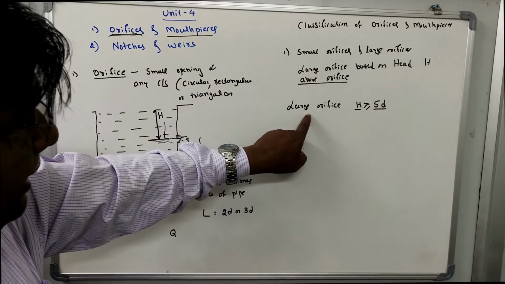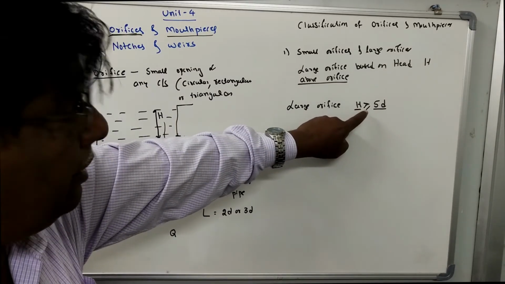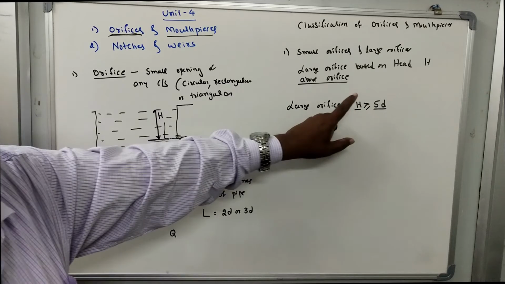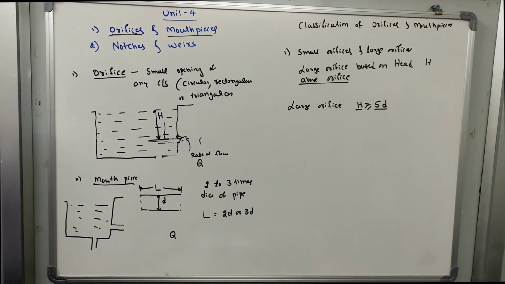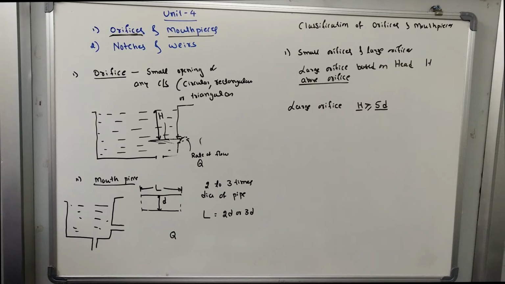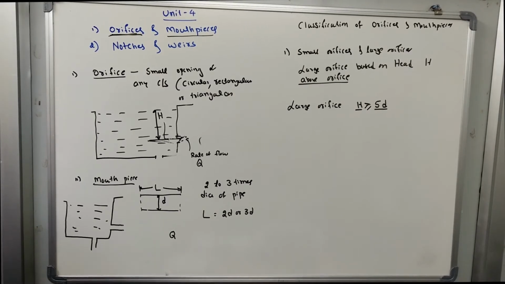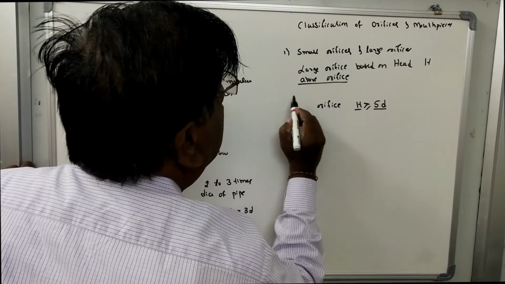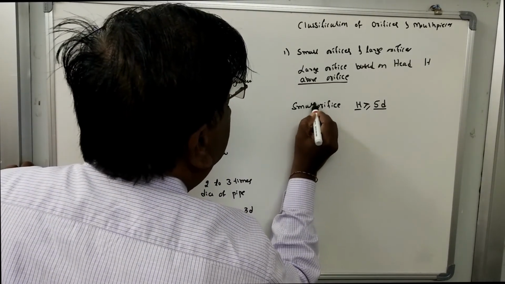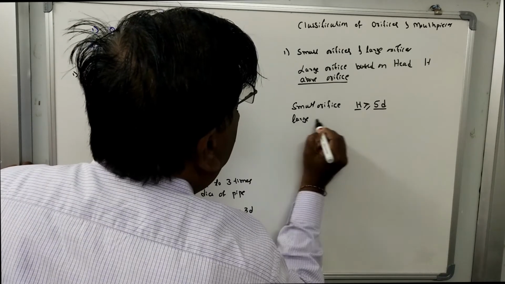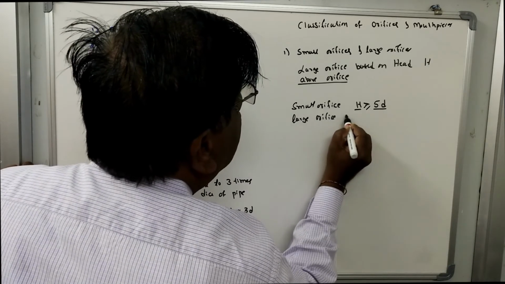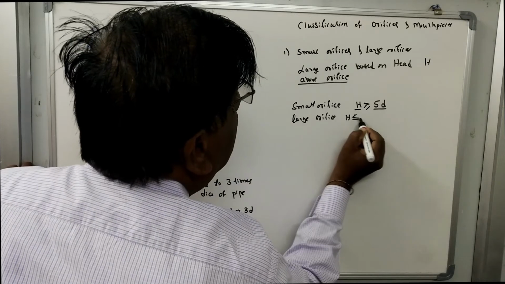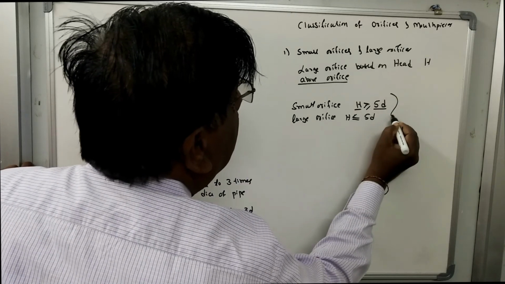And if this head is less than 5D, then you can say it is the small orifice. Large orifice: H is less than or equal to 5D.